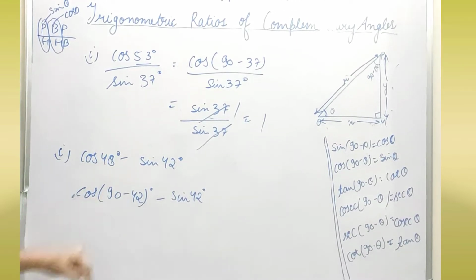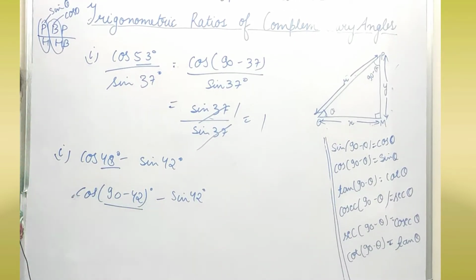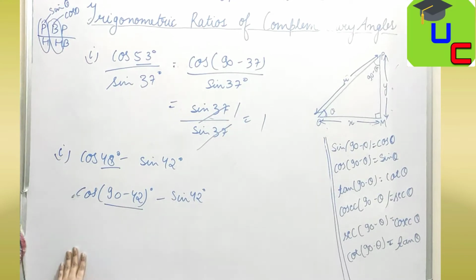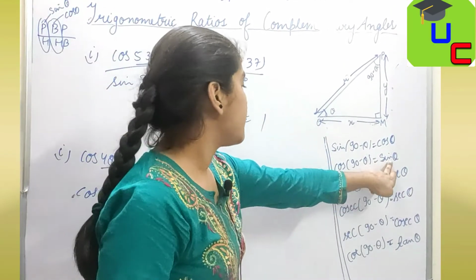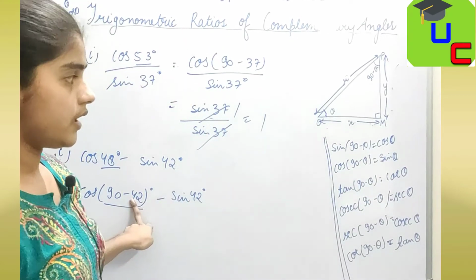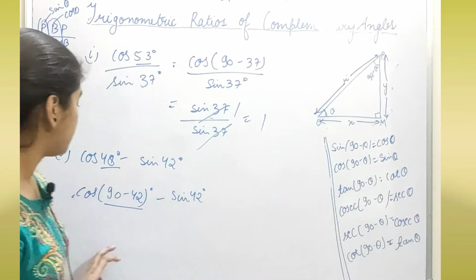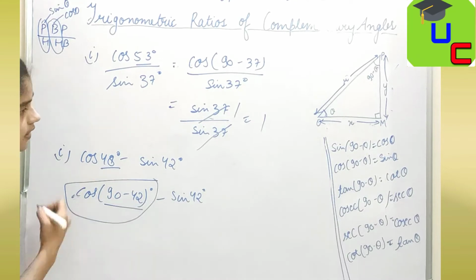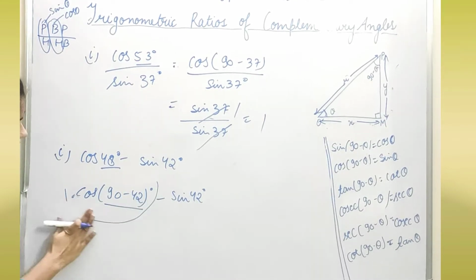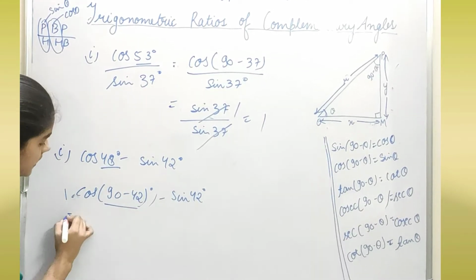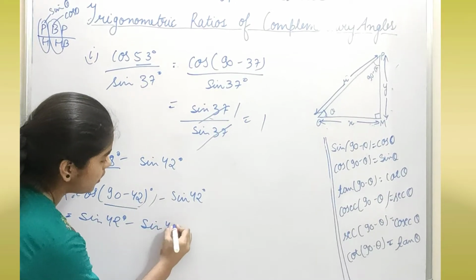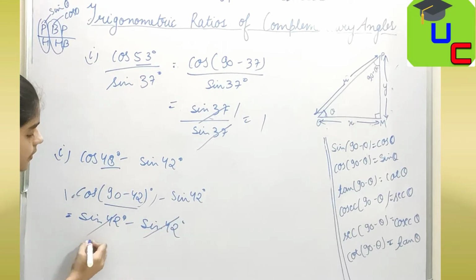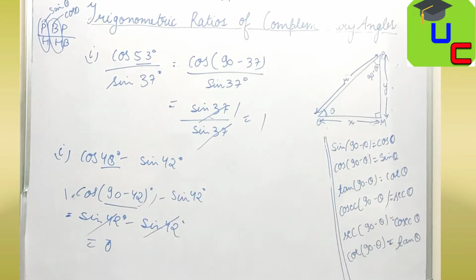You can easily write 48 degree as 90 minus 42 degree, and from this formula cos 90 minus theta is equal to sin theta. Here theta is equal to 42 degree, so you can write this whole as sin 42 degree minus sin 42 degree. Both will be cancelled out. It is equal to 0.